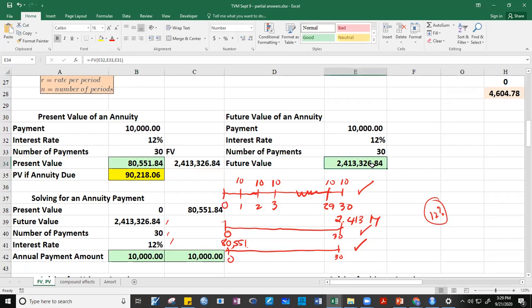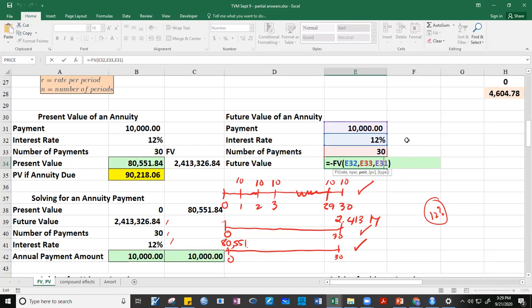Sa future value naman, ang ginagamit natin yung FV. FV ng rate is 12%, N per is 30 years. Ang PMT natin is 10,000. Walang present value and type is 0.